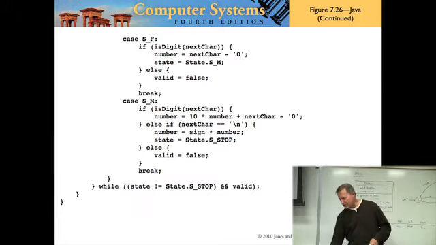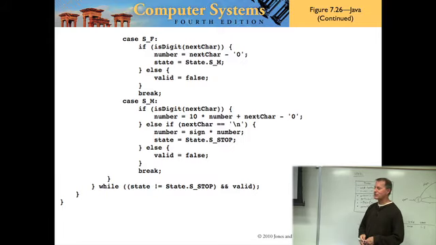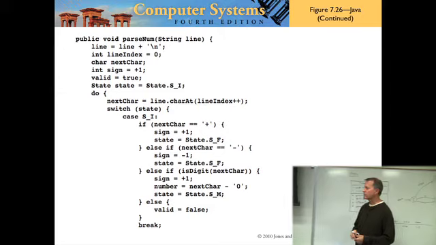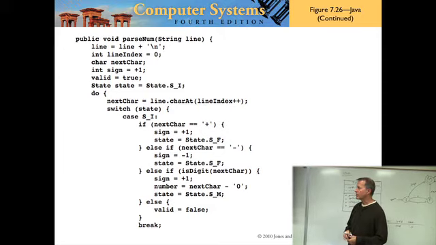Okay, so this structure, you guys, is the structure for implementing a finite state machine with a direct code technique. It's one do loop. You set the initial state first. It's one do loop with one switch statement with a case on each state, and then with nested ifs within each case.